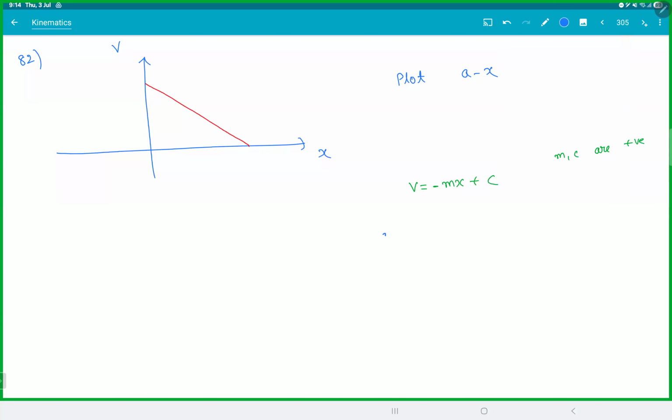What is acceleration? Acceleration is v dv by dx. This will be minus mx plus c into dv by dx, which is minus m. So a will be m square x minus mc. How will this line look? This is a line with a positive slope and a negative intercept.